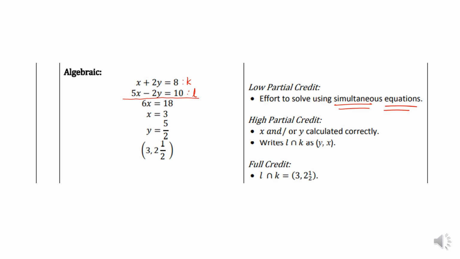When you combine them, plus 2y and minus 2y gives 0. x plus 5x gives 6x, and the numbers together give 18. So dividing both sides by 6, you get x equals 3. Then to find your value of y, you put x equals 3 back into one of these equations, solve for y, and you get y equals 5 over 2, or 2.5. So different ways of looking at that question, but all equal marks.